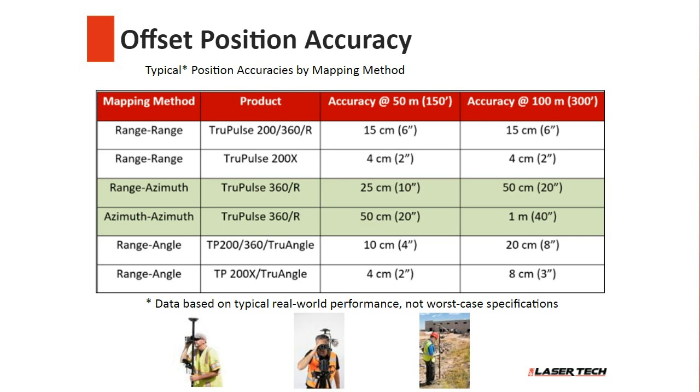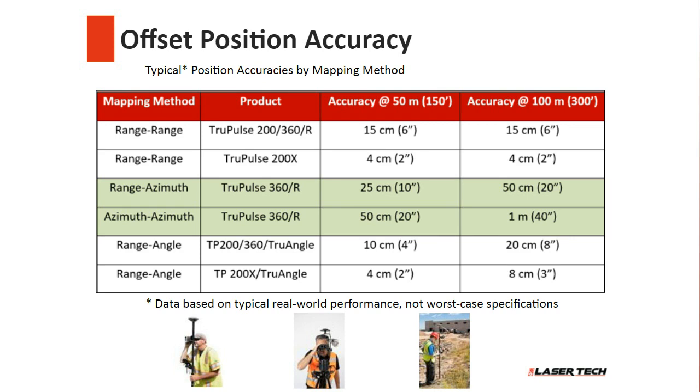So at 150, say, range azimuth with the 360, we can be within 10 inches or so. When we shoot twice as far, we essentially have the possibility of twice as much error. So that's how that goes, and you can see all the different accuracies here.